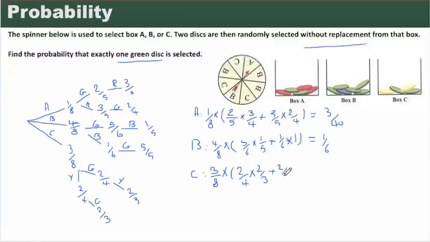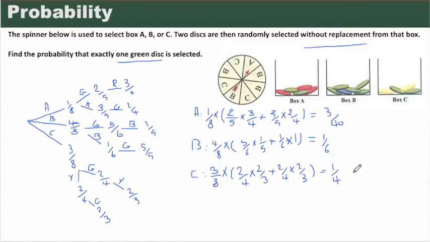Or the first is yellow and the second is green. So I write it, and if I calculate this operation, it gives me 1/4.